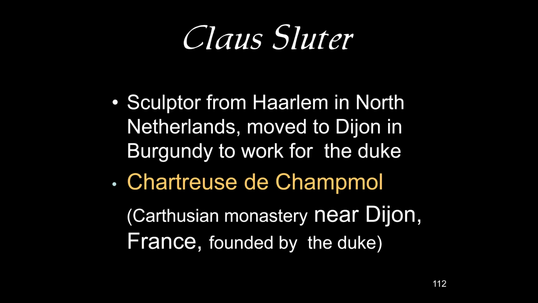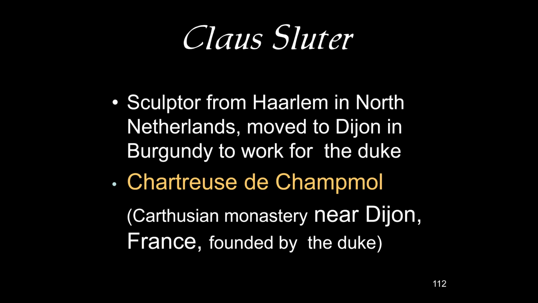So for him, simple date to learn, circa 1400, plus or minus. This artist, we do know his name. His name is found in a number of documents. His name is Claus Sluter. Claus is Nicholas, Claus Sluter.